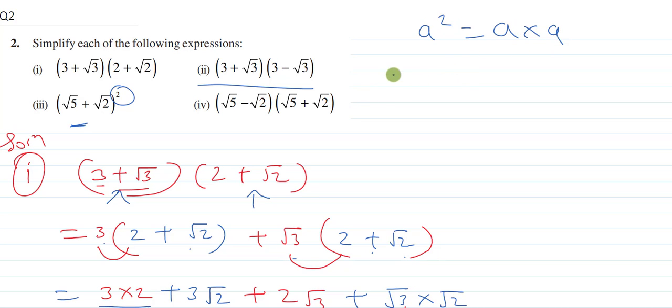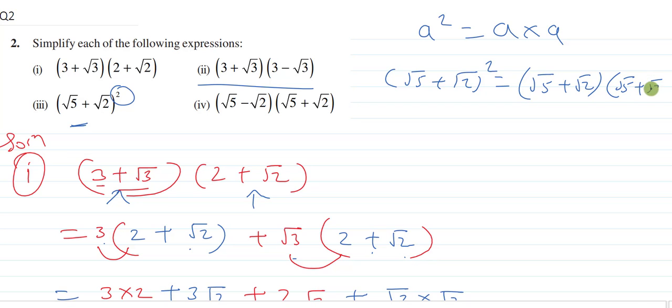So to expand it, you can write root 5 plus root 2 bracket square as root 5 plus root 2 into root 5 plus root 2. Or you can use the a plus b bracket square formula of expansion to solve this. It will be comparatively easy. But if you don't know the formula, you can expand. It is up to you whether you want to solve by formula or by the expansion.